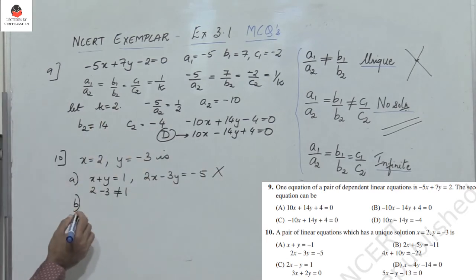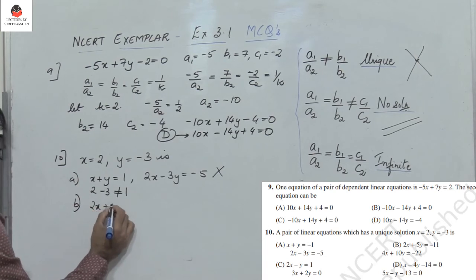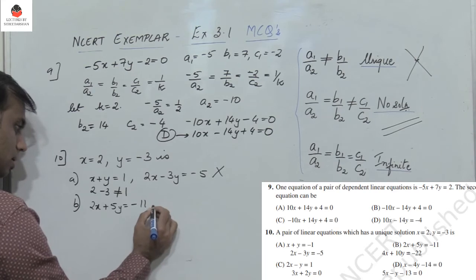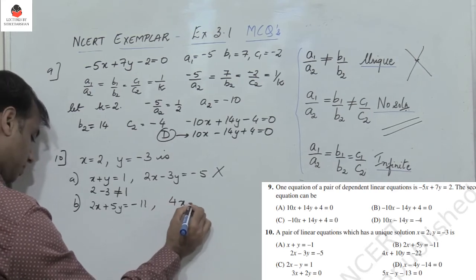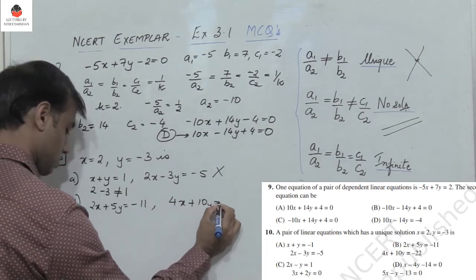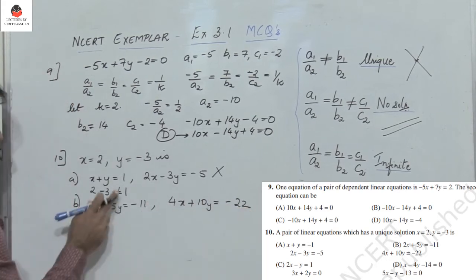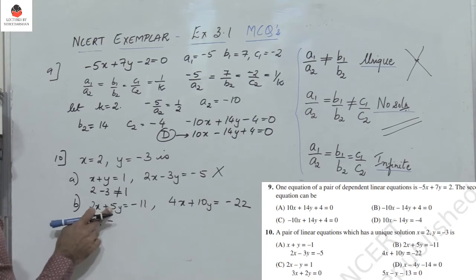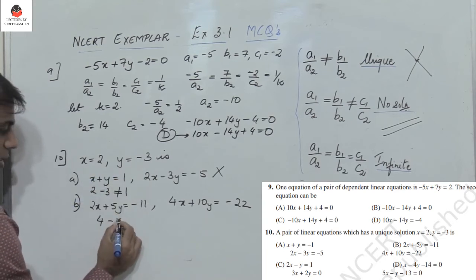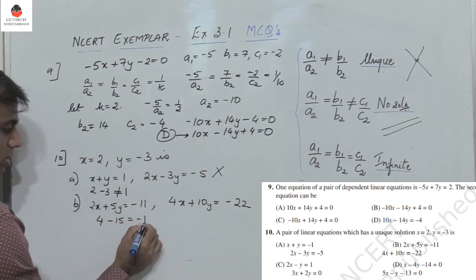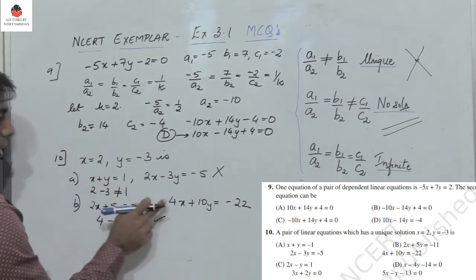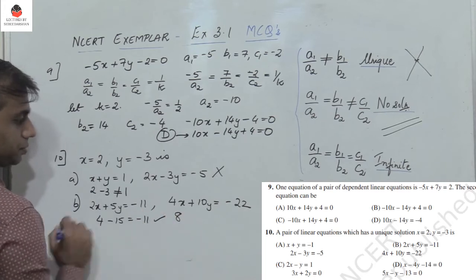B, we have 2x plus 5y equals minus 11, right? And 4x plus 10y equals minus 22. So put these values here. 4 minus, so you have 5 into minus 3, which is minus 15. So I get minus 11. So this is correct. And here 4 into 2 is 8.